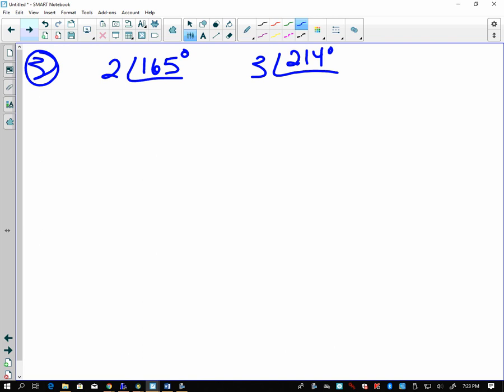Okay, so starting off here, 165 degrees is going to bring you here, 15 degrees shy of being on that line. We've got a hypotenuse of 2.